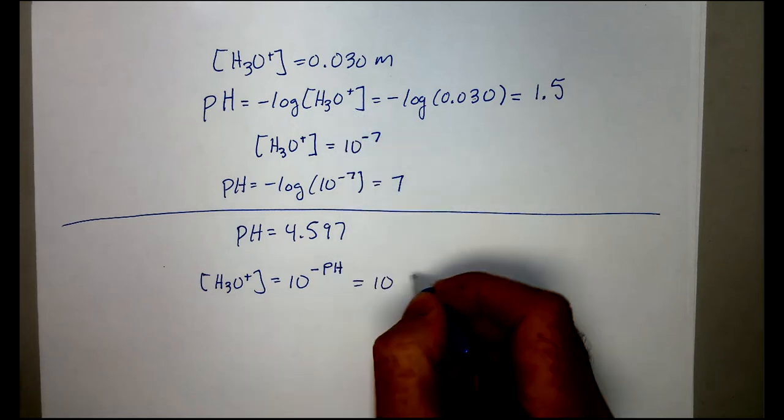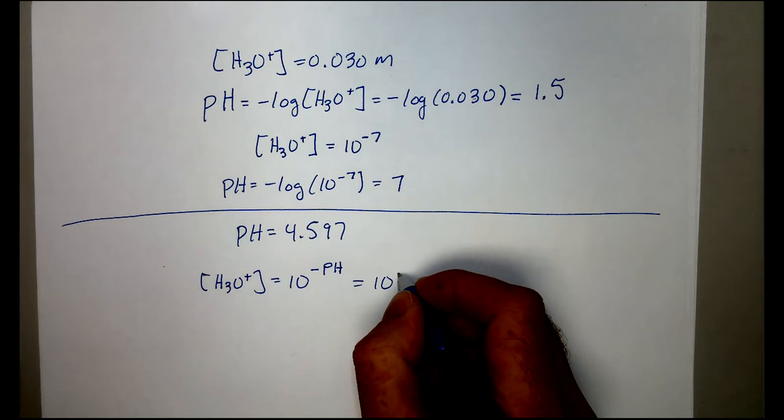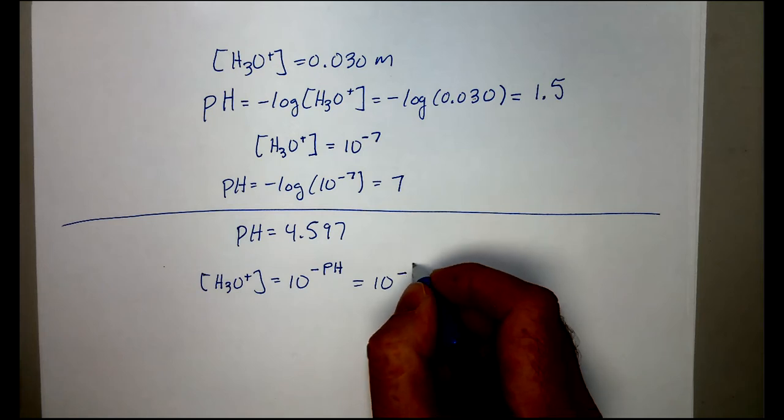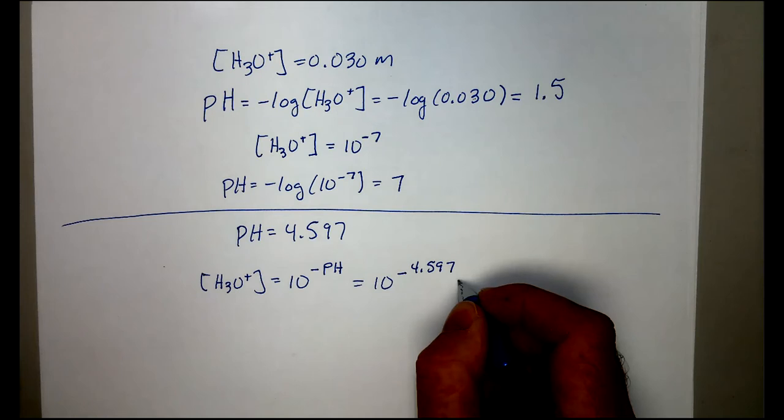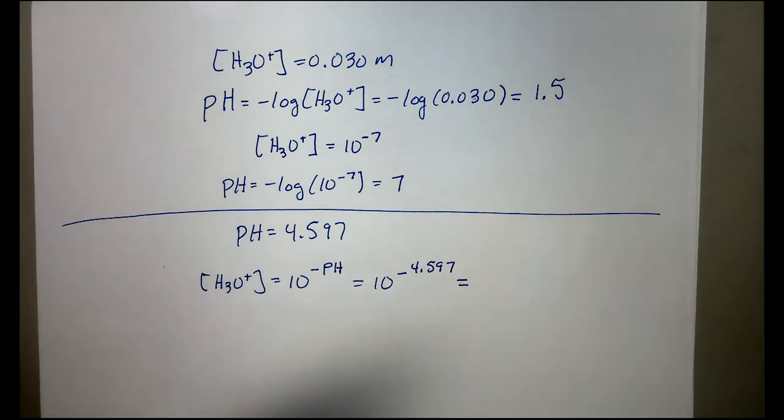I've solved this equation for the opposite variable. So we've got 10 raised to the negative 4.597. And so then we're going to run that through our calculator. And we're going to put that in scientific notation.